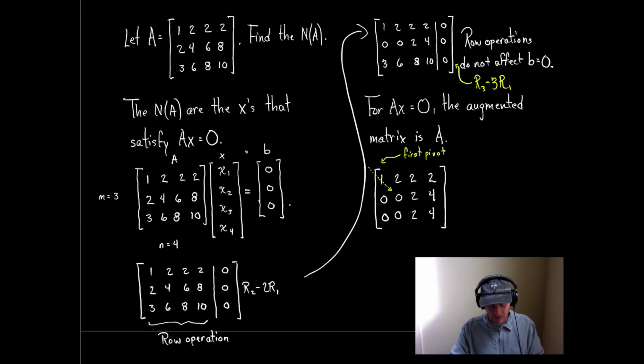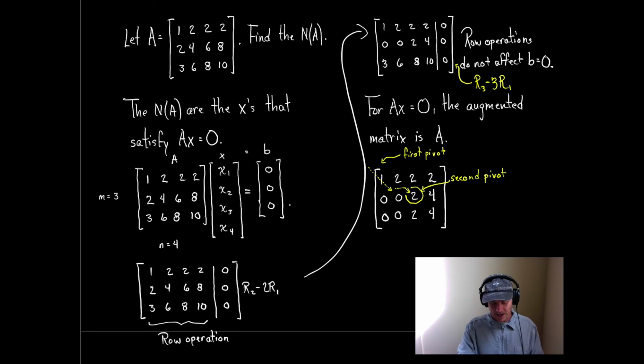There's a 0, and there's no other way we could get a non-zero number in that position. So what we do is we just go over to the next non-zero in that row, which happens to be this 2. That 2 becomes our second pivot.